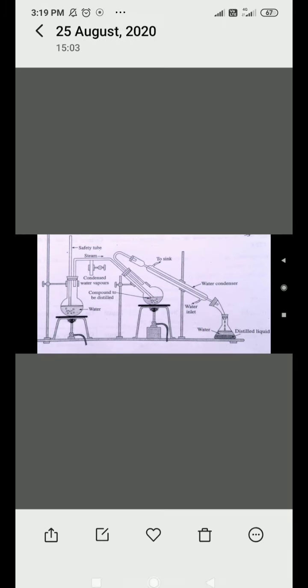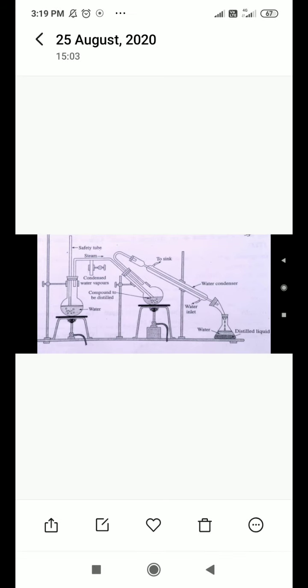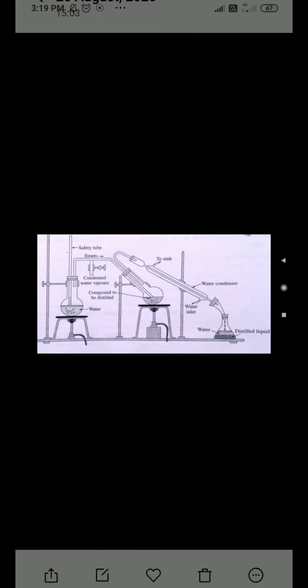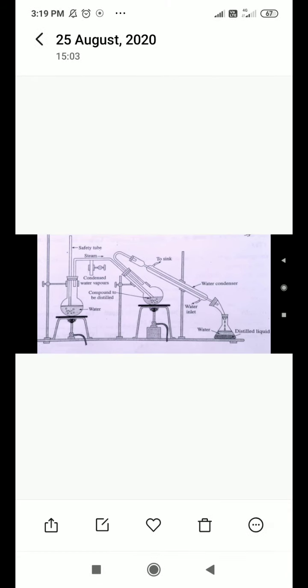If we are separating, for example, compound A having a high boiling point of 300 degrees Celsius, we have to separate it from the compound. Then how to separate it out? It will require more heat, more time, and so on. But if we use steam distillation, it will save your time.